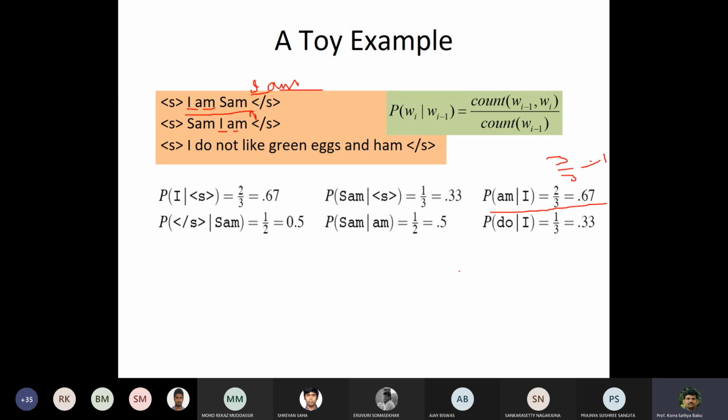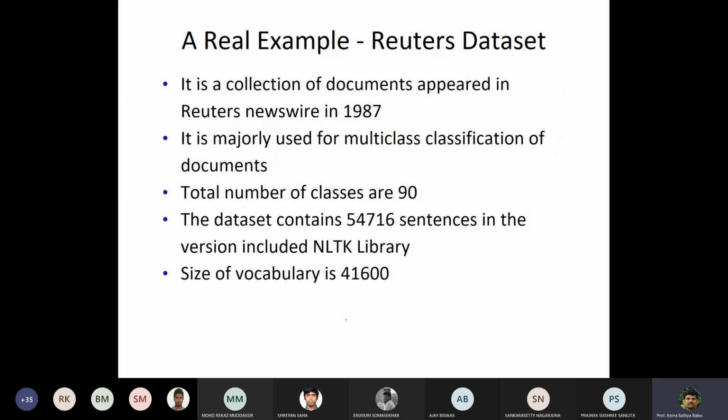Now, a real world data set. This is the Reuters data set, the data set that is taken into consideration for computing the different probabilities. It is a collection of documents that appeared in Reuters Newswire in 1987, and it is majorly used for multi-class classification of documents.